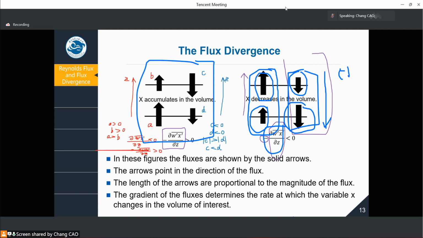Please remember that this is a negative value, and the length of the arrow just represents the absolute value. So suppose this is E, this is F. Now tell me which one is bigger. E and F, which one is bigger?